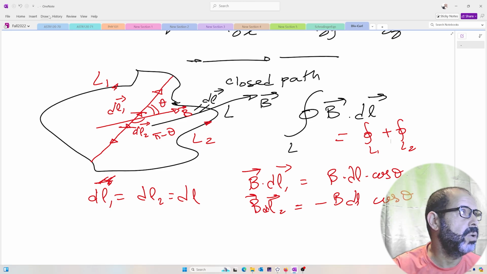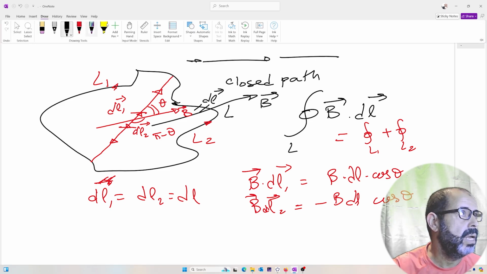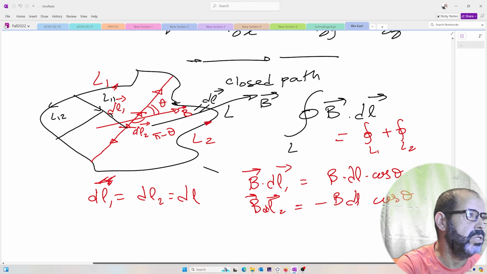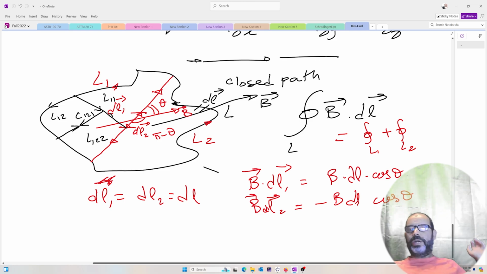Why can't we just go crazy with these divisions and divide L1 into two divisions, which is here, and then you go down in here and call this path L11, and this path here, where you go down, L12, and then take this and divide it into two, where you come down in here and go up, and at the end, L12 will become L121 and L122, and so on and so forth, and you go crazy with the divisions.